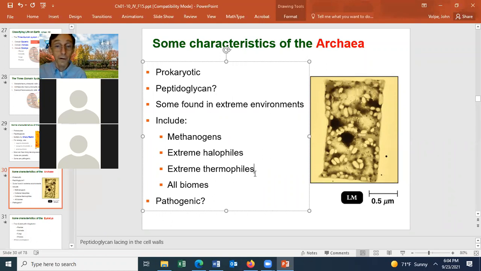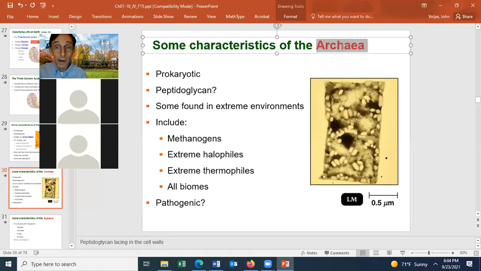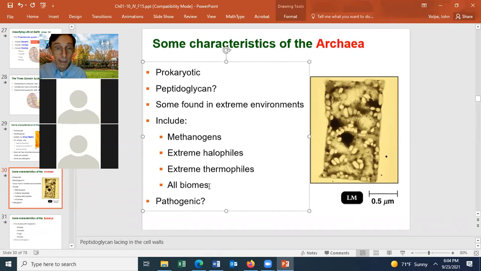But when we've looked further, and this has been known now for at least 20 years, we find the archaea everywhere. It is true that some of them are found in extreme environments, but most of them are found all over the planet Earth.